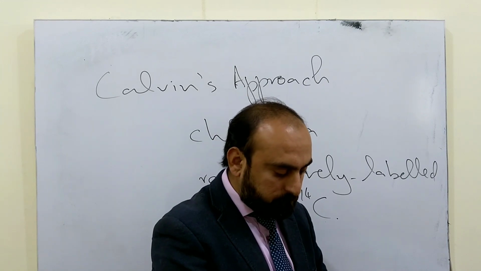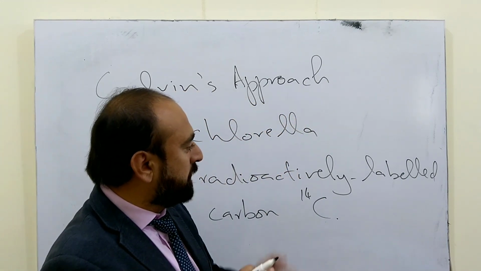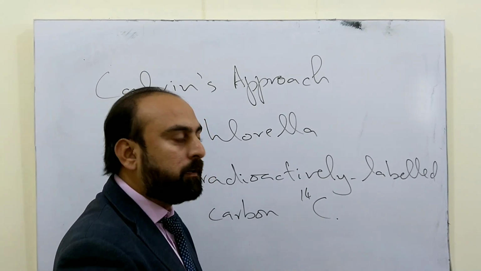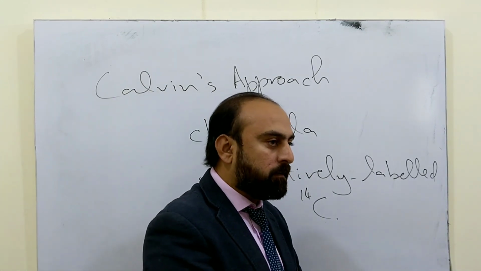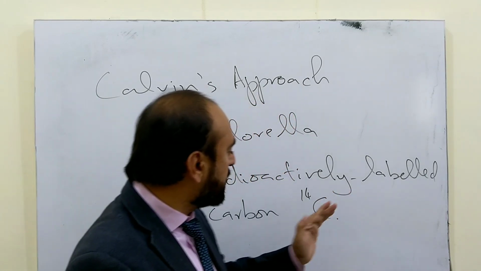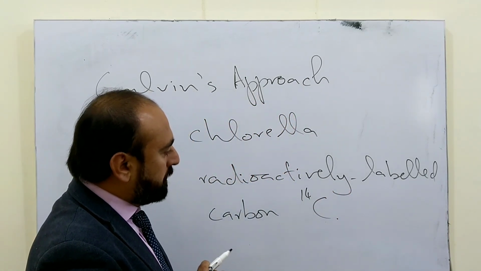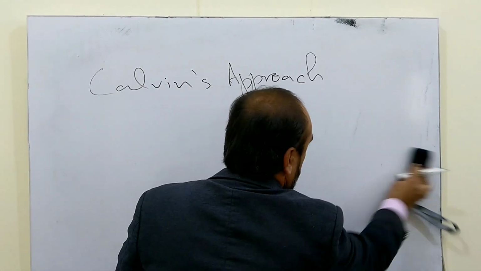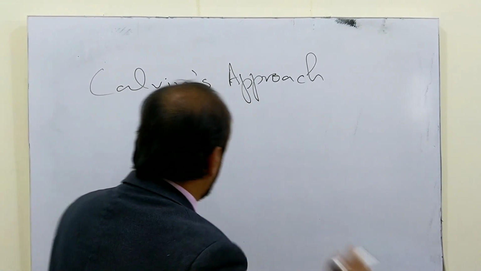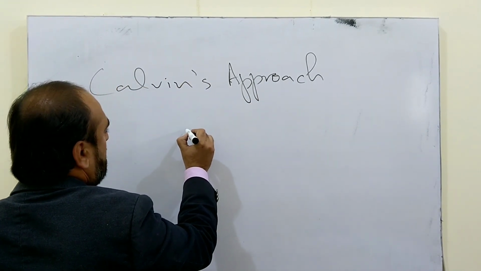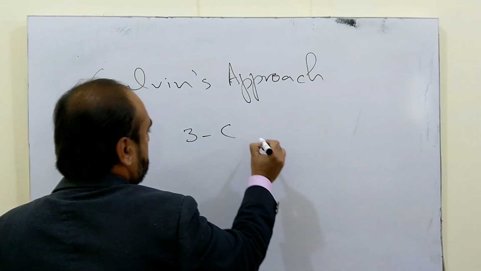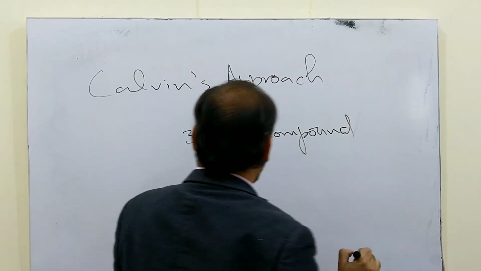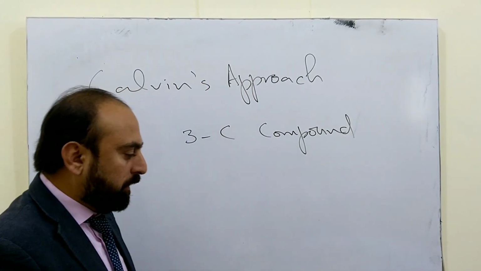And by tracing this radioactively labeled carbon in the compounds that develop as a result of dark reactions or carbon reactions, they found that the first stable organic product was a 3-carbon compound, or 3-carbon sugar, called phosphoglycerate.